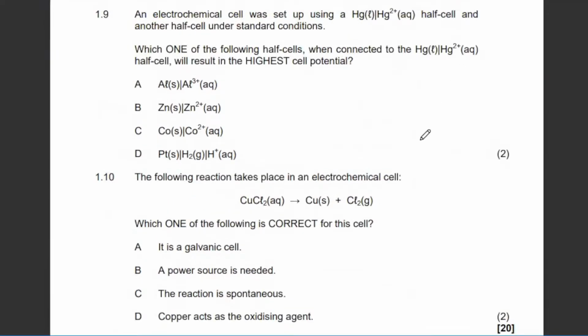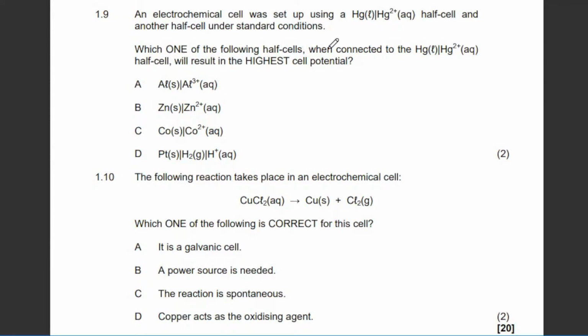They're saying an electrical cell was set up using mercury, not silver. Using mercury, and then the half cell and another half cell under the standard conditions.